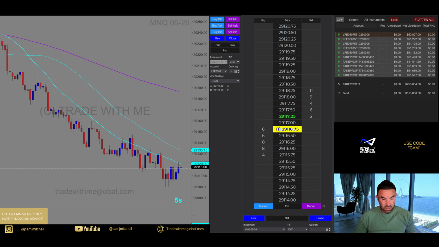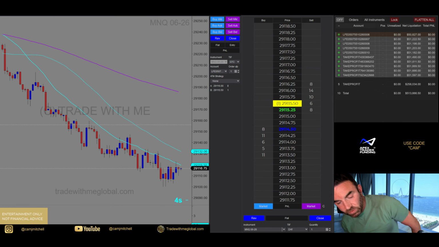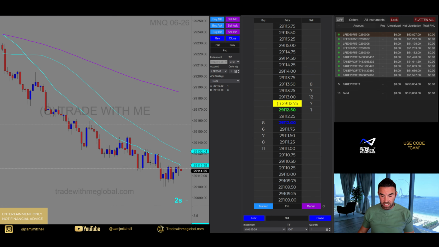Yeah, well, it's not going to find any support there at the moment, but I still think it's going to come up from here, but I'm not sure where. We've had the strong 5 minute bar, and it's starting to turn around a little bit.